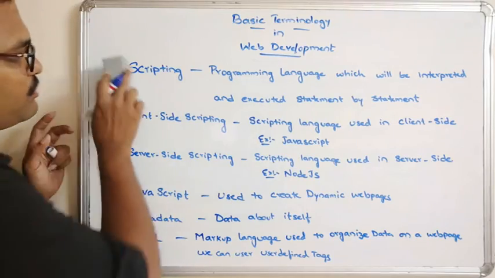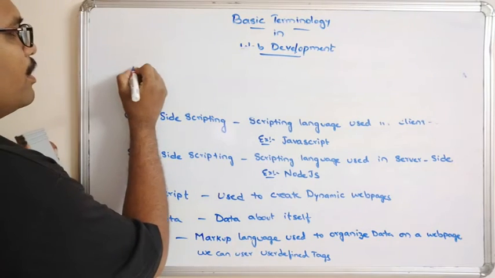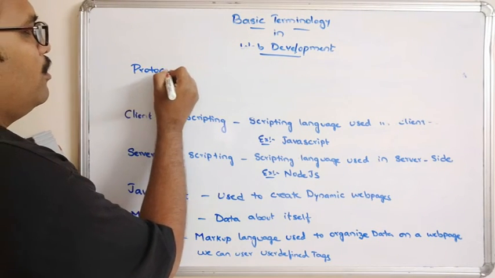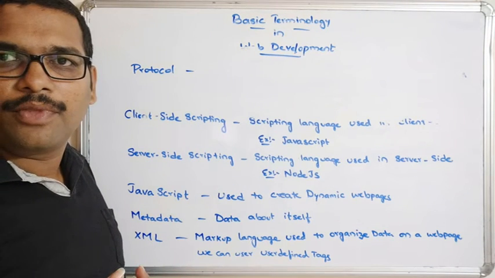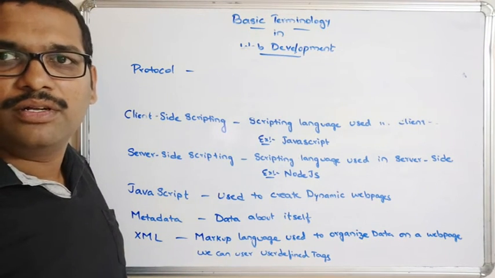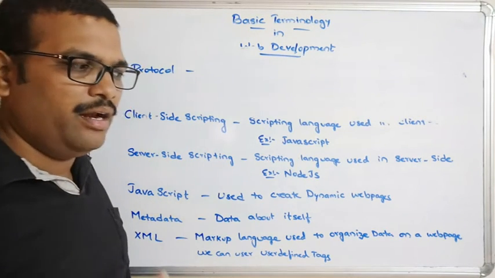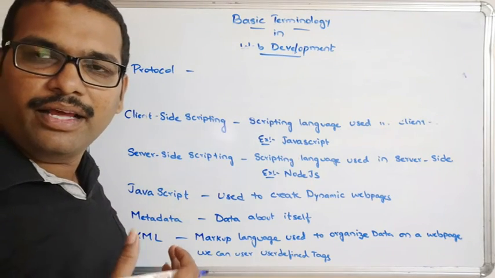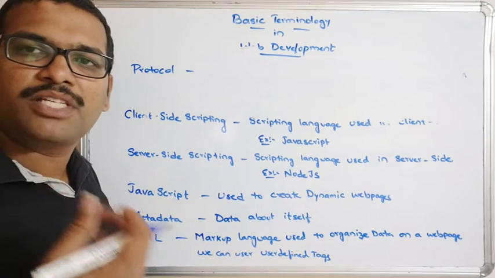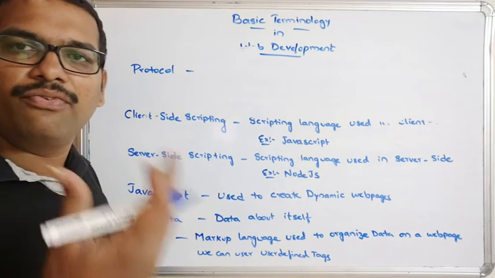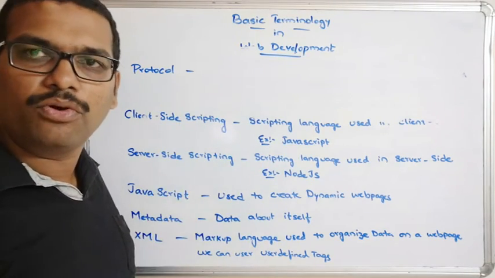And the last one, which is a protocol. Protocol means a set of rules used to communicate one computer with another computer. So in the internet we are accessing the data, right? So accessing the data means some sort of data is communicated between different computers. So that should be done with the help of some rules that we call a protocol.